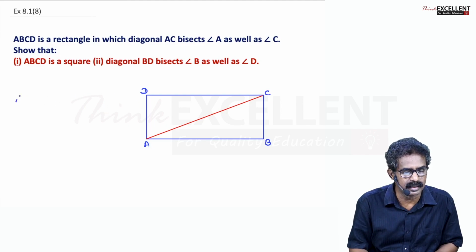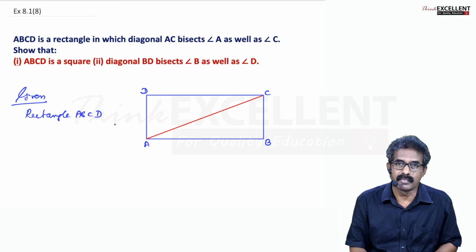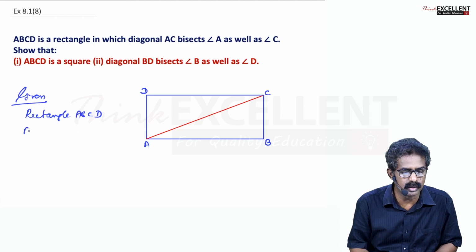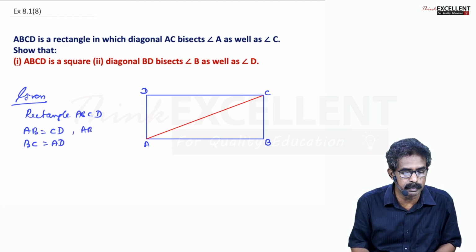ABCD is a rectangle. You know the properties of a rectangle: opposite sides are equal and parallel, right? So AB equals CD, BC equals AD, and AB is parallel to CD, BC is parallel to AD.